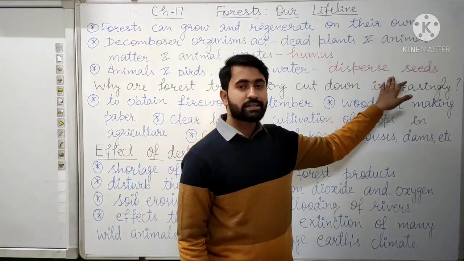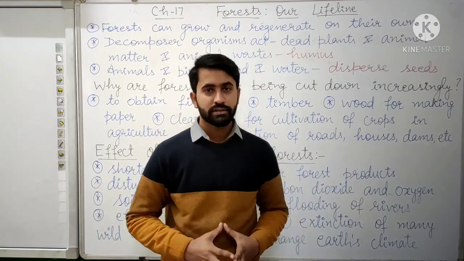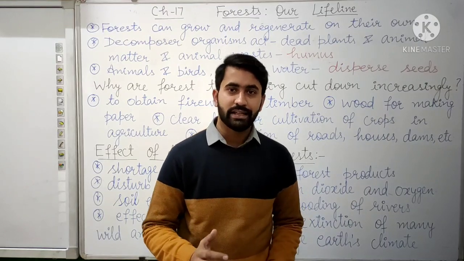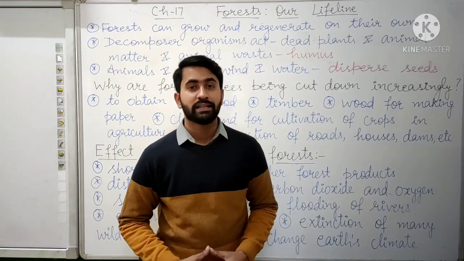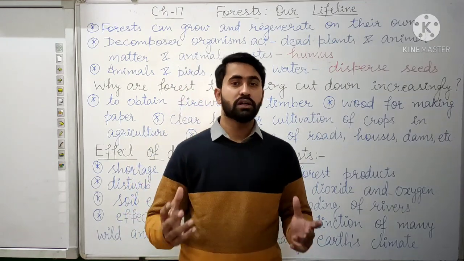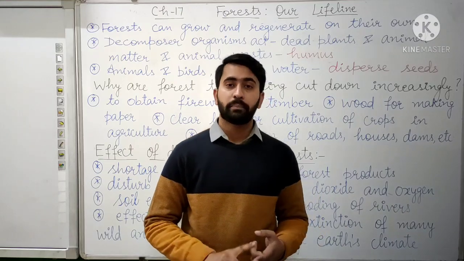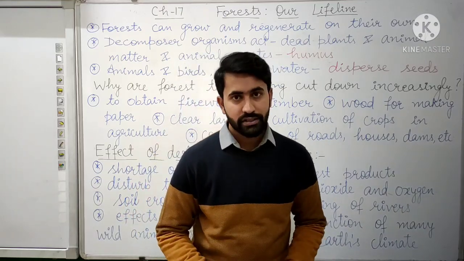These seeds obtain the nutrients and water from the forest soil, and they germinate to form seedlings. The seedling then grows into a sapling, and then the sapling grows into a big tree. The growing of new trees and plants on their own regenerates the forest naturally.